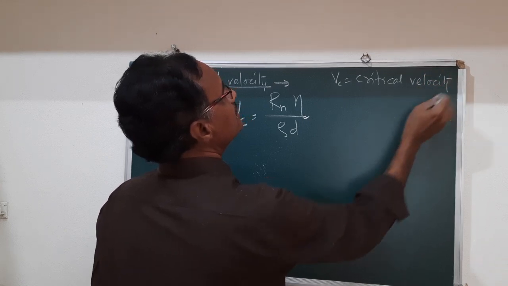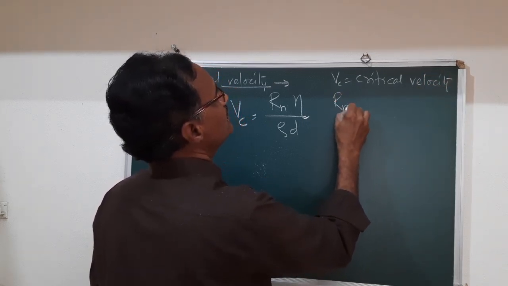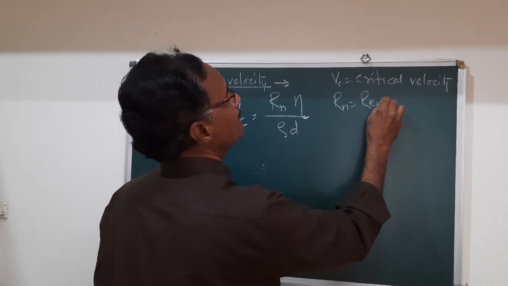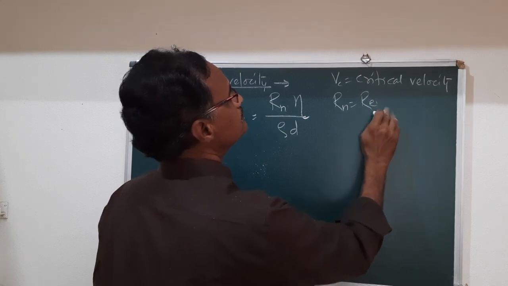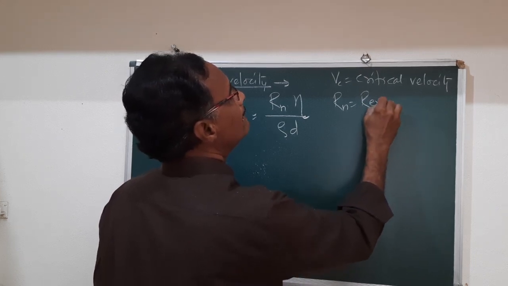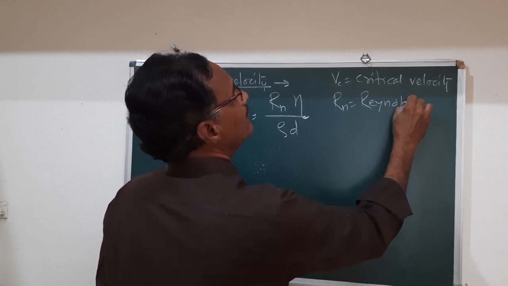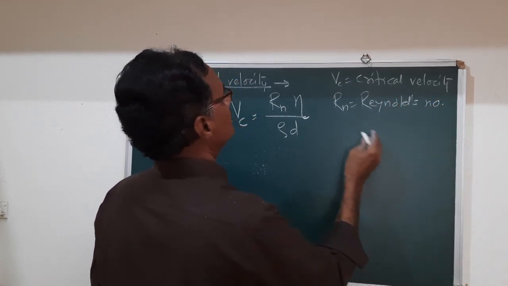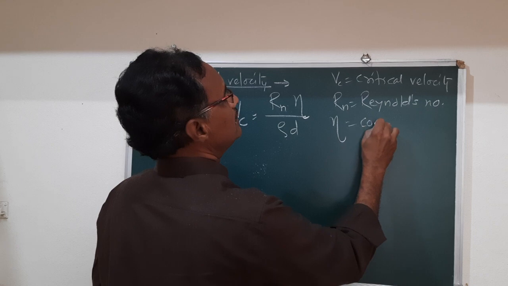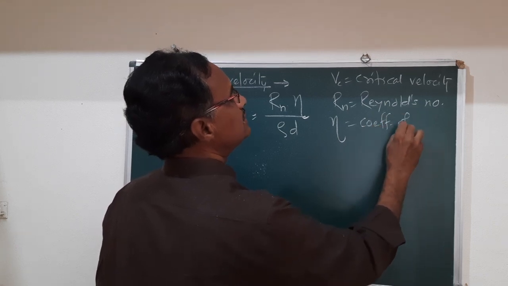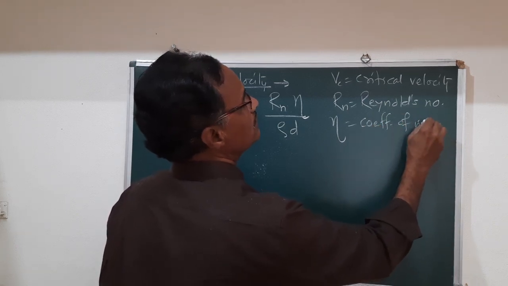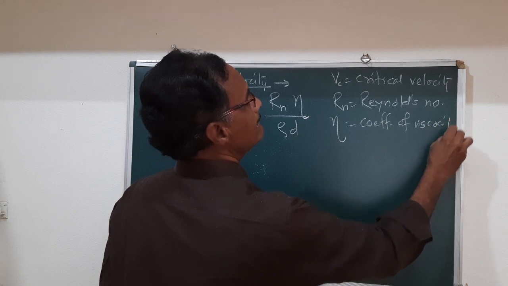Vc is the critical velocity. Rn is the Reynolds number. Eta is the coefficient of viscosity, which we will see in the next topic, viscosity.